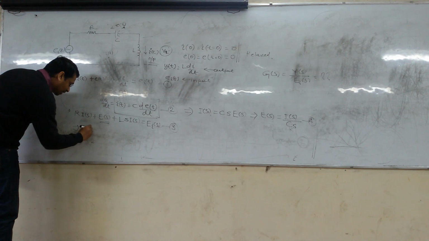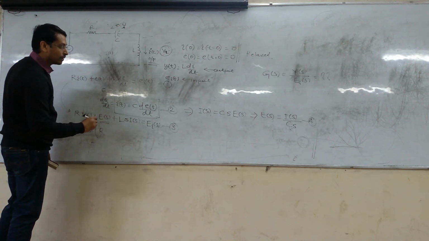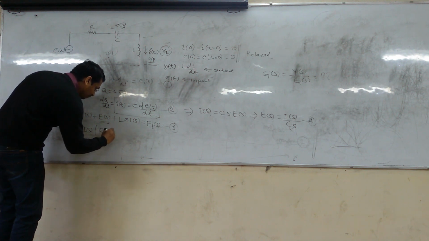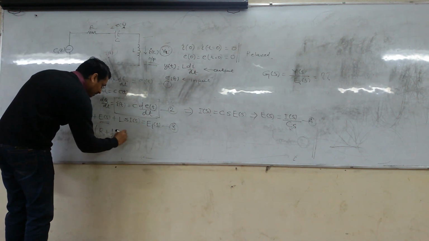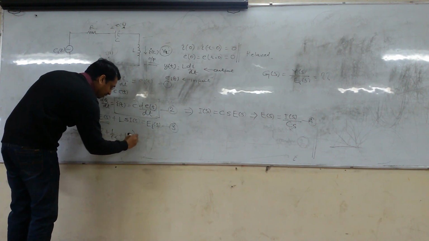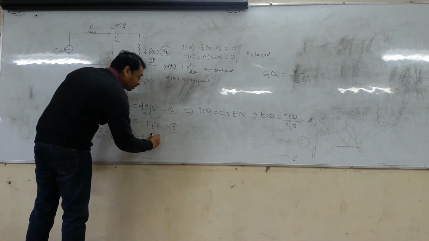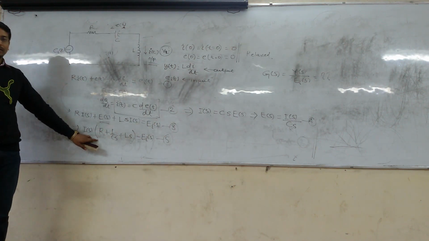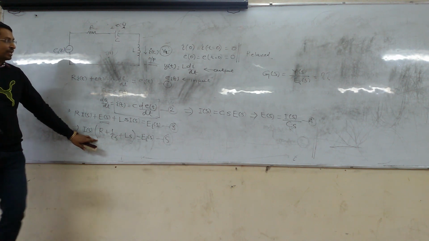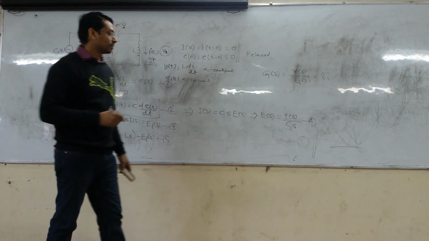Take the I(s) common. R plus 1 upon CS plus LS will be equal to E_i(s). Is your equation 3. Correct? So you have found out the value of E_i(s), means this particular denominator part is over.